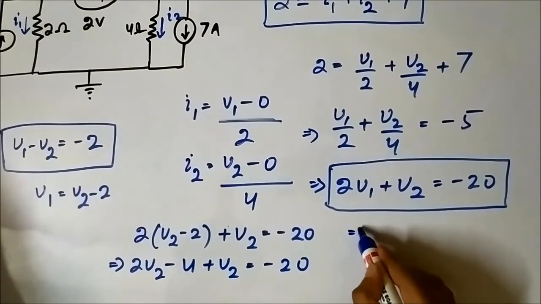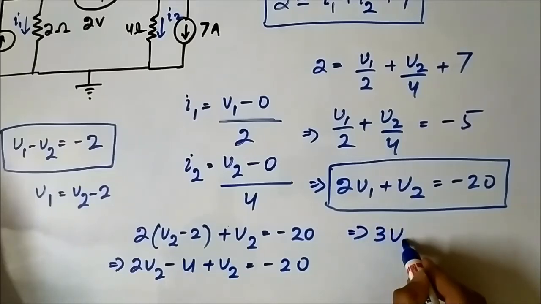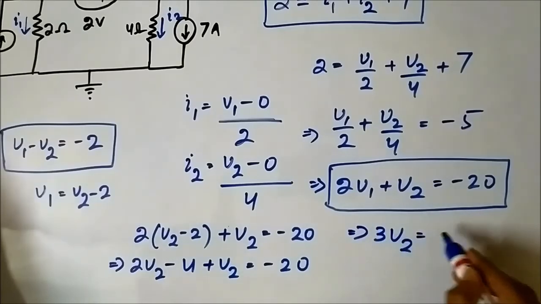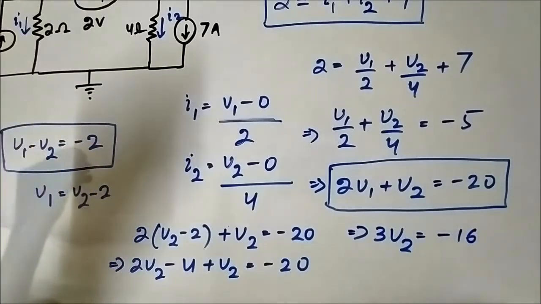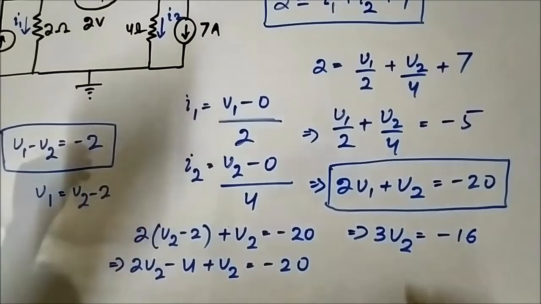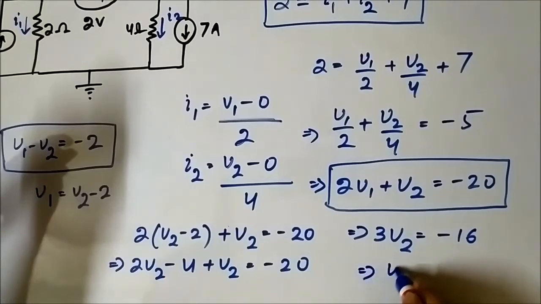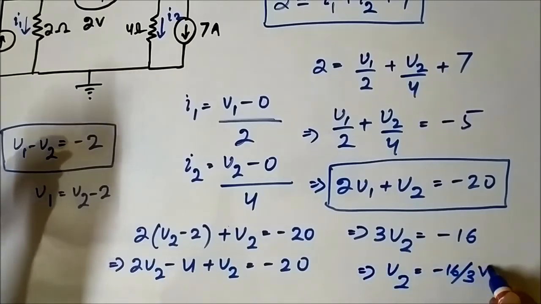That implies 3V2 is equal to minus 16. That implies V2 is equal to minus 16 by 3 volt.